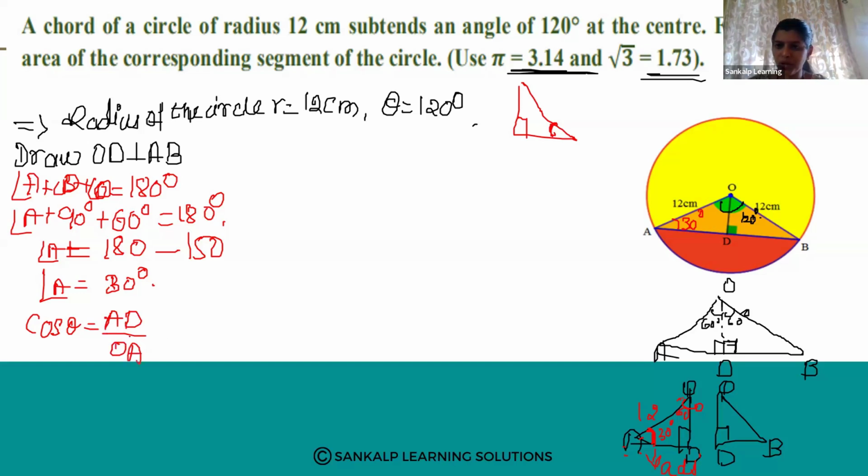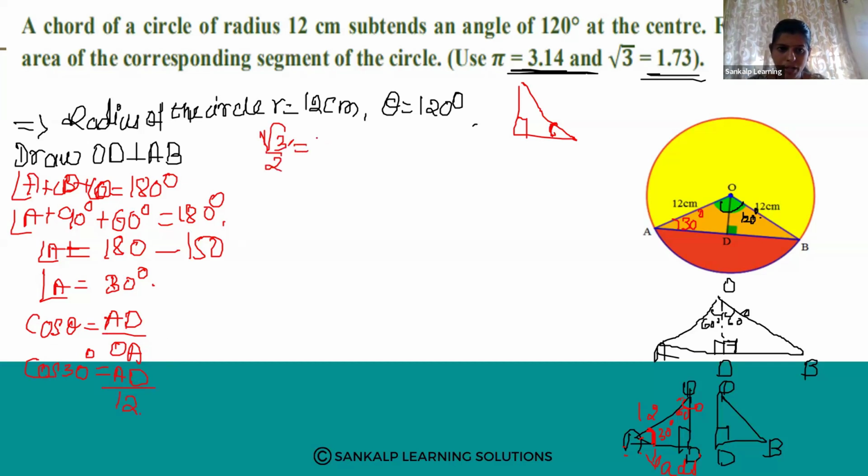OA is hypotenuse. So cos 30 degree is equal to AD, which we don't know, divided by OA. OA we know, that is 12. Cos 30 degree is root 3 divided by 2. Right?